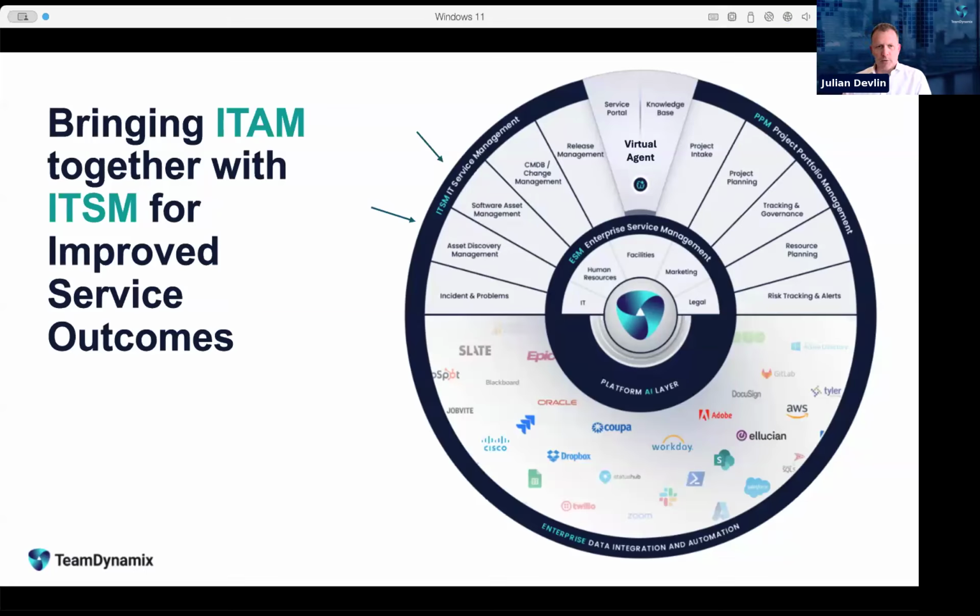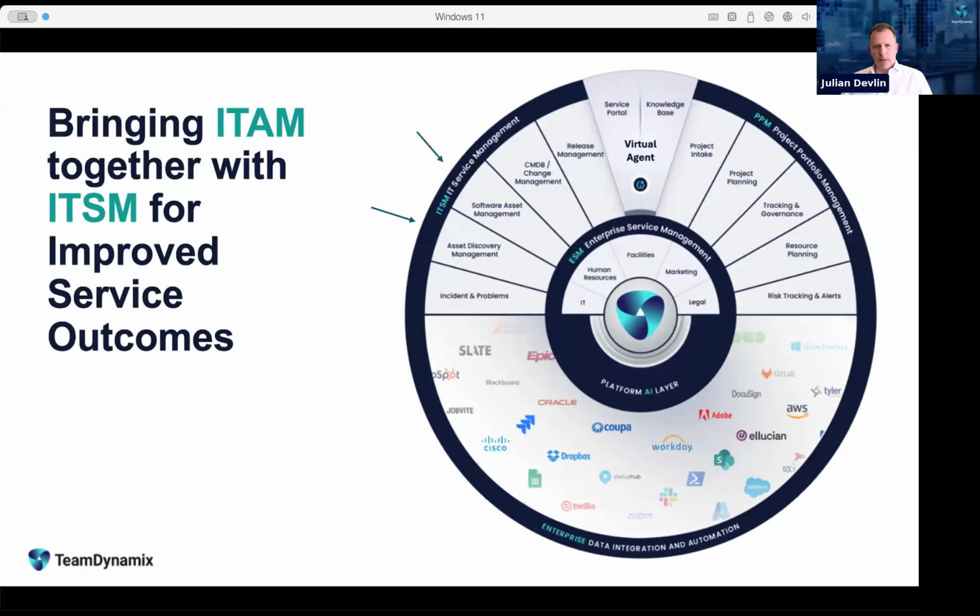But often customers would integrate with more advanced ITAM platforms to be able to really offer the full spectrum of that functionality. And today we can offer all of that with the acquisition of Sassafras. With that acquisition, we've brought a lot of ITAM functionality directly into the platform.